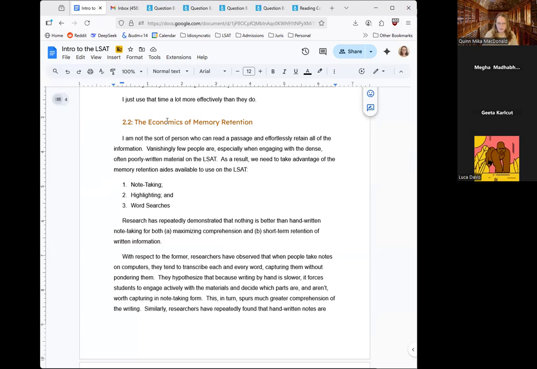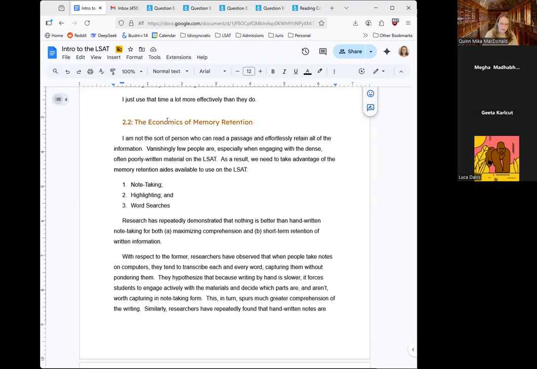When it comes to comprehension, researchers have really observed that when people take notes on computers, it ends up being like stream of consciousness. They transcribe each and every word, or basically every word they hear. The problem with that is if you're doing that, you're not really thinking about the words. You're just typing them back down, right?